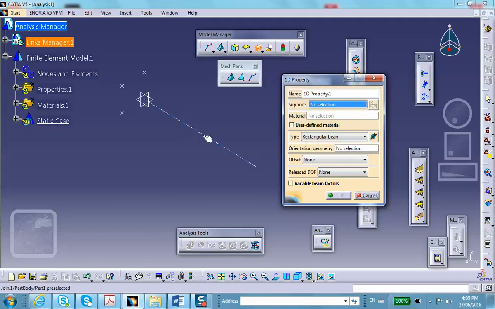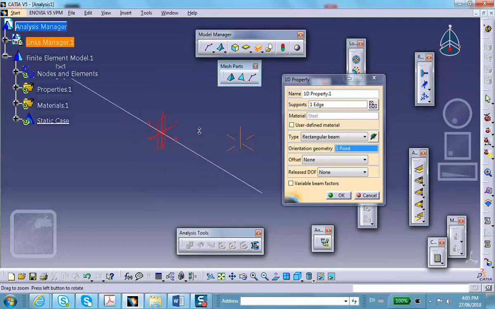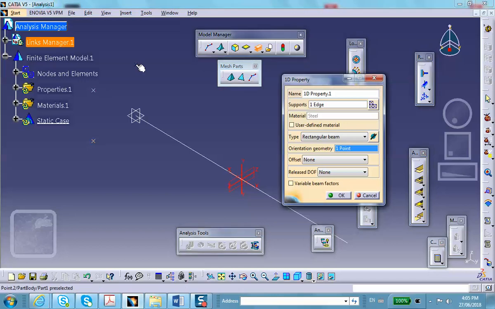But first of all, the support is here, right there. There's a support. So, for orientation geometry, let me select this point. Notice the way the beam is oriented now. Let me change, instead of that point, this point. See, it turns it around. Or let me select this point.